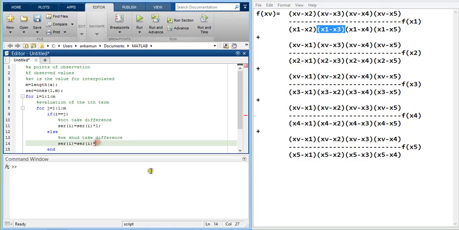So the new term that we are supposed to make will be, in the numerator, xv minus the jth element of x, and in the denominator it will be the ith element of x minus the jth element of x.